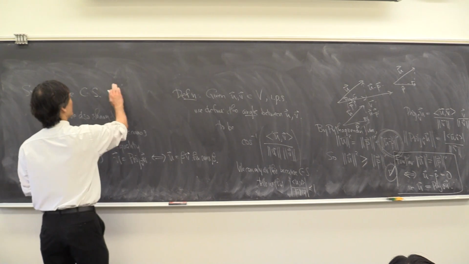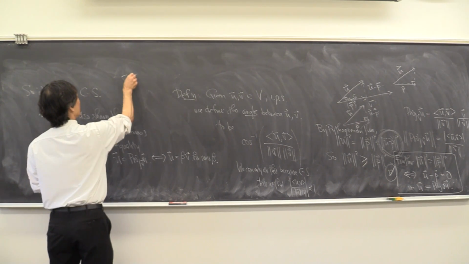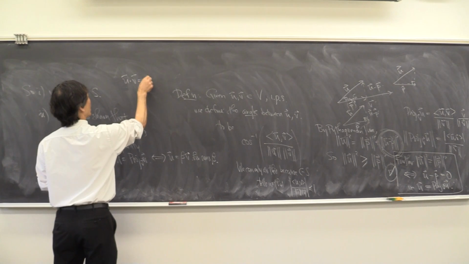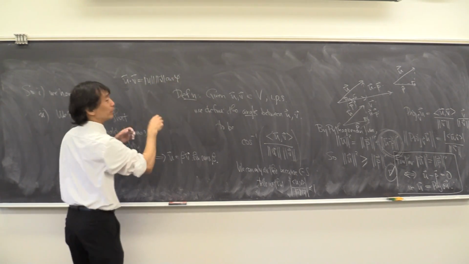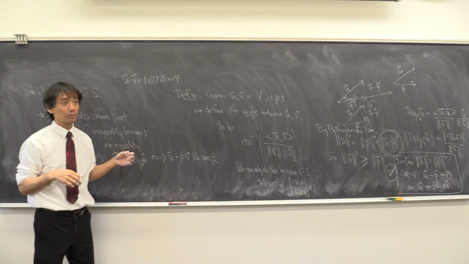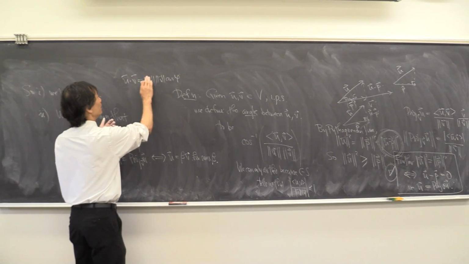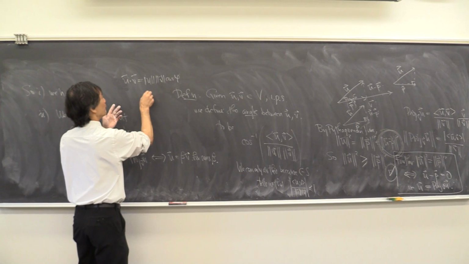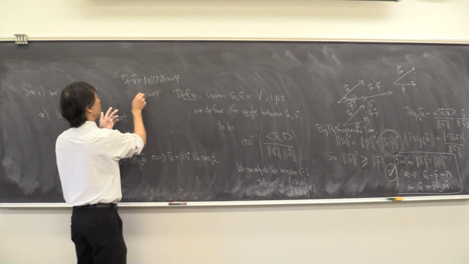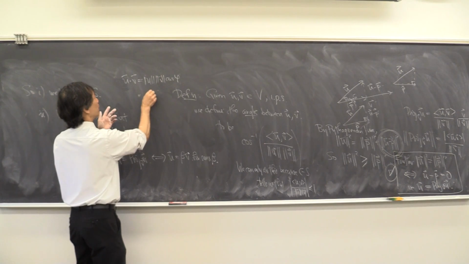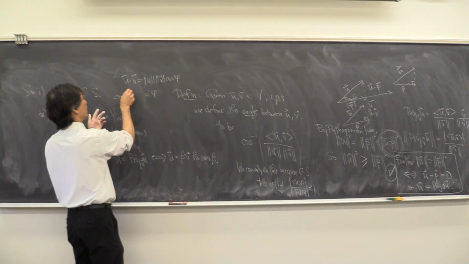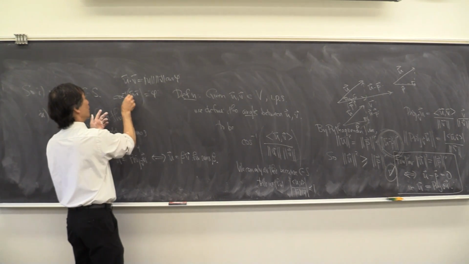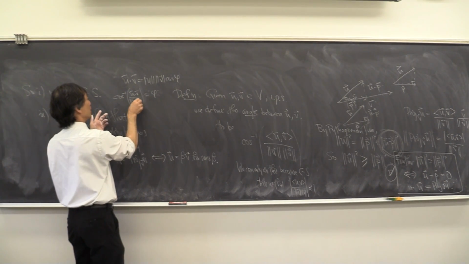Previously, we had that U dot V equals the product of the magnitudes times the cosine of the actual angle between them. But now, in the Euclidean world, it is true that the angle is the arc cosine of U dot V over the product of magnitudes.